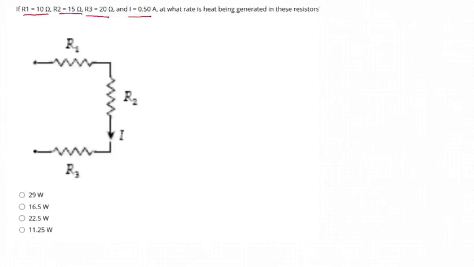For heat to be generated there must be power, so we need to calculate the power. That's what we're asked to do, and we have that power is equal to I squared R. So there are 2 ways in which we can solve this question.